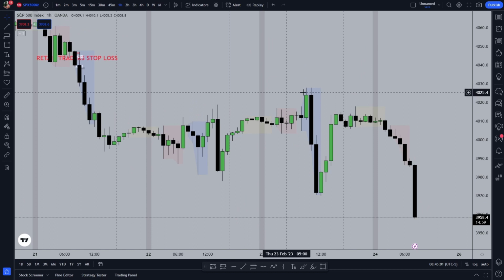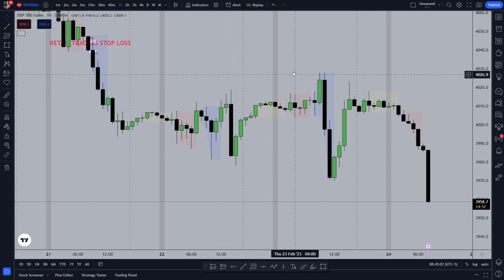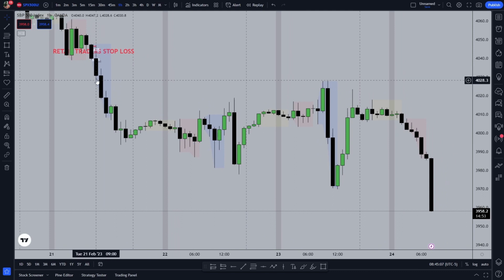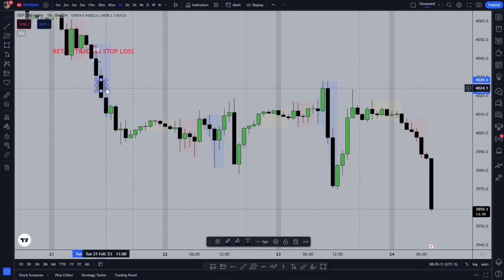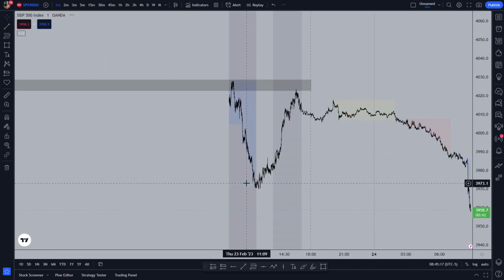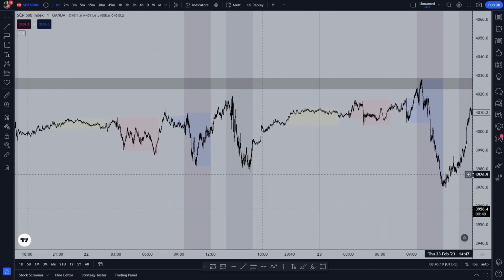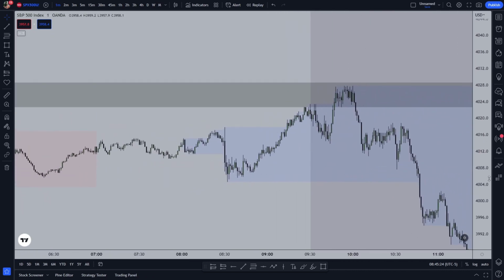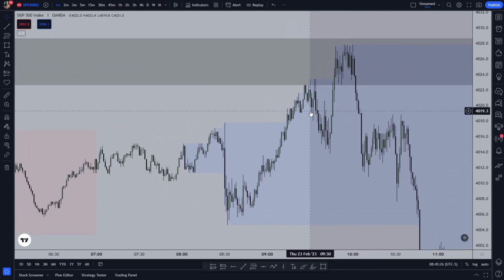So as you guys can see right over here, there was a fair value gap, so I marked this fair value gap. If you go back on the 1 minute time frame, you can see this is 9:30.